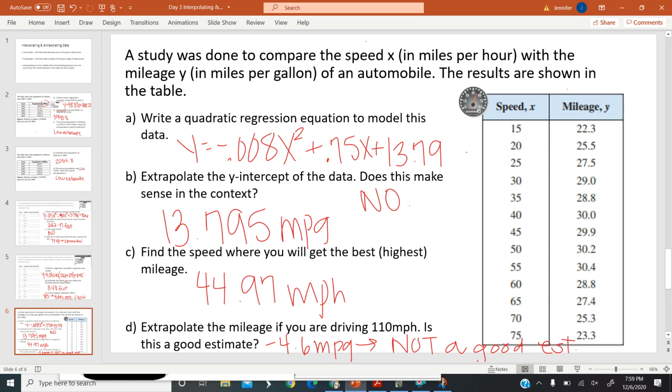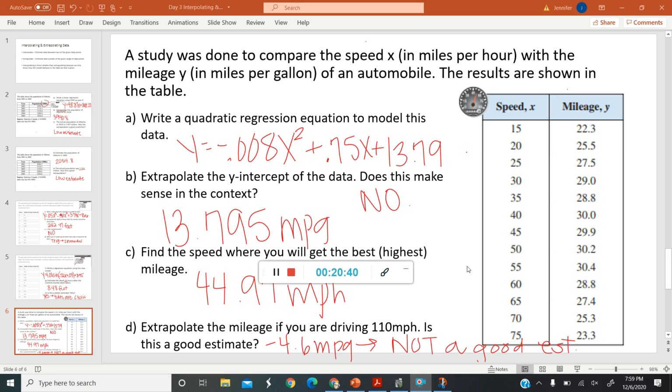So if your car isn't moving, it'll give you a number, but that doesn't mean that you should use that number. So this lesson is more just about thinking logically as you're finding these regression equations and knowing what to look for and which models to use and which numbers to trust. So hopefully that makes a little bit of sense and can help you guys think through some of these problems.